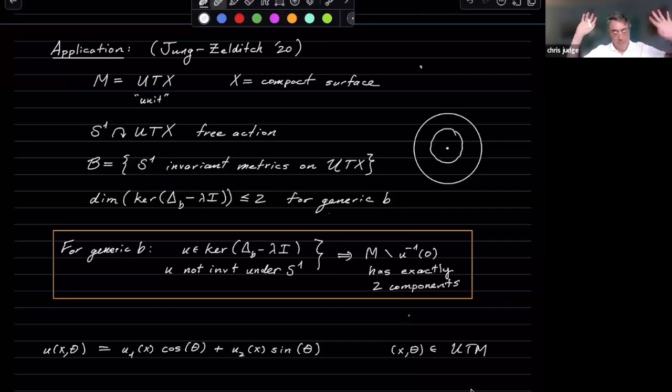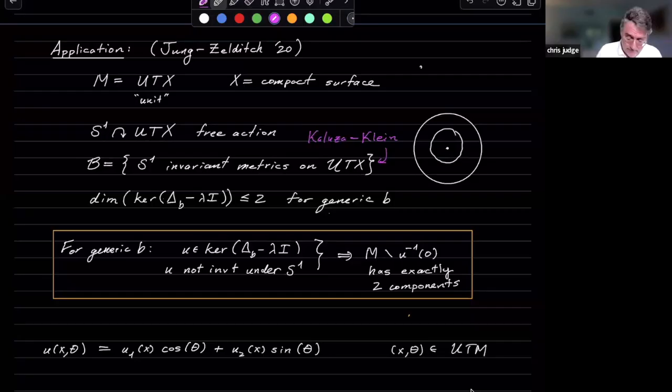But the bigger Uhlenbeck result, or further results about whether the eigenfunctions have generically smooth nodal sets, can be brought to bear to understand the nodal sets of the Laplacian on these manifolds UTX. By the way, these things are called Kaluza-Klein metrics, and I don't know whether the physicists agree, but anyway, that's what they're called.